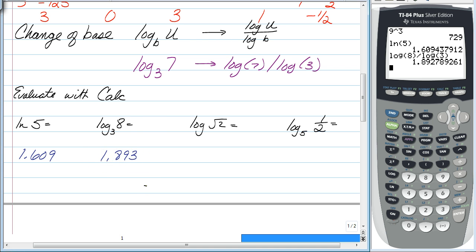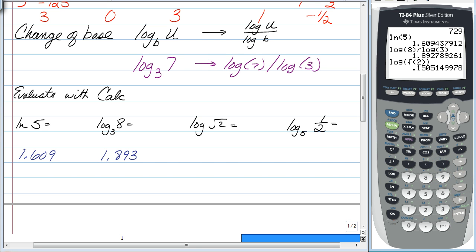1.893. Find the log of the square root of 2. So again, that's log. It has a base of 10 since there's no number there, so we don't need to do any change of base. So we just have to type log of the square root of 2. And that's going to give us 0.151.